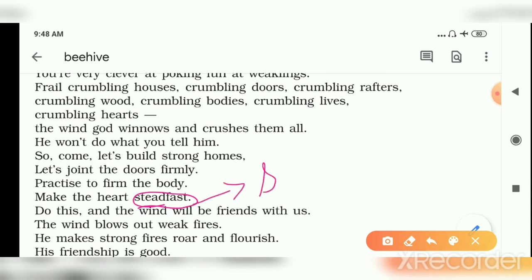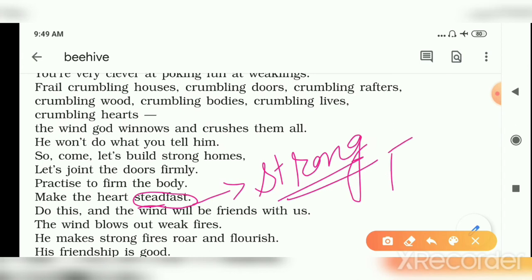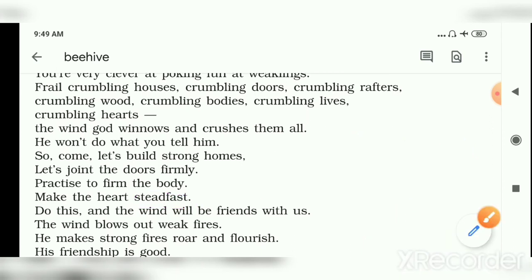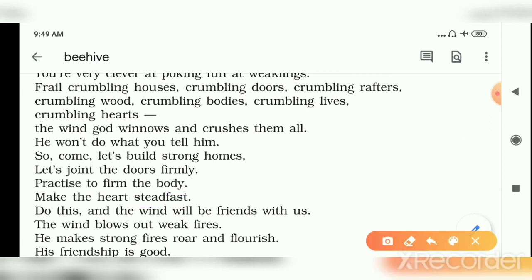We will make our heart so firm so that wind will not harm us. Do this, and the wind will be friends with us. If we do all these things together, one thing I'll tell you, the wind will be our friend.